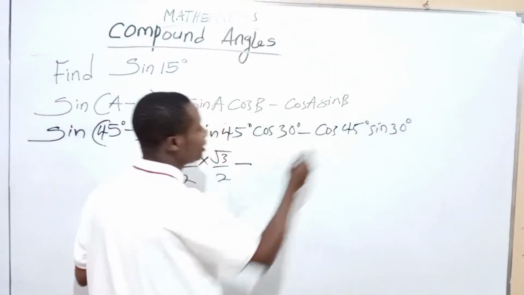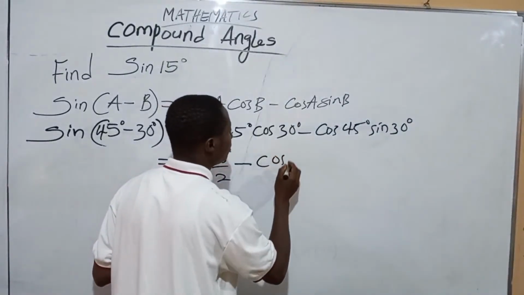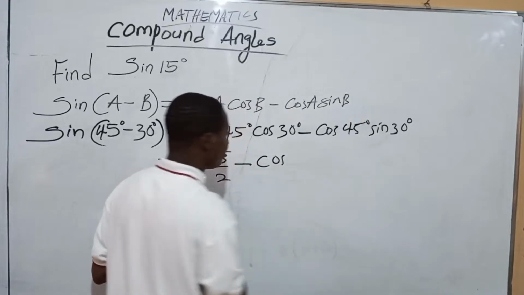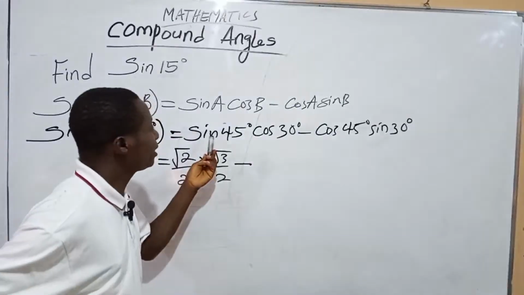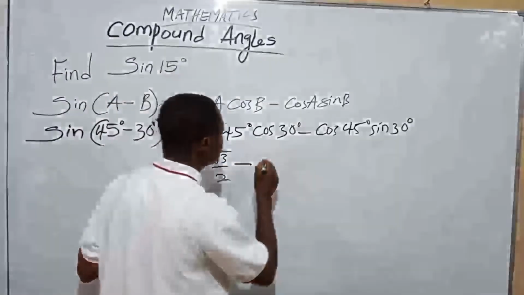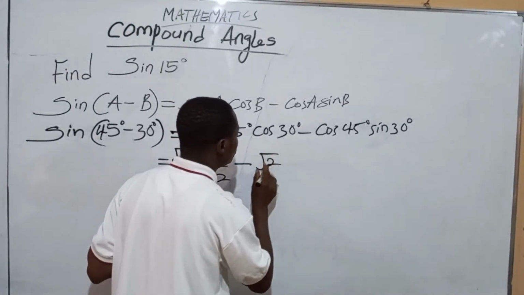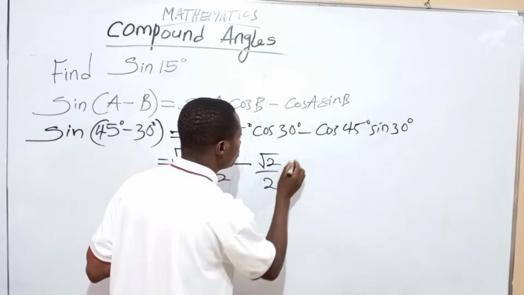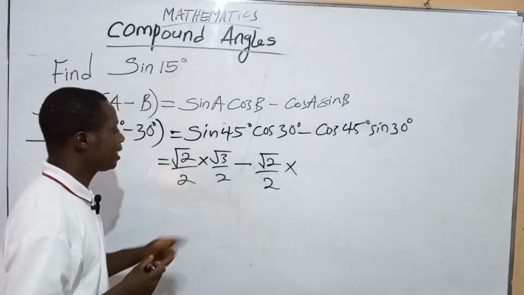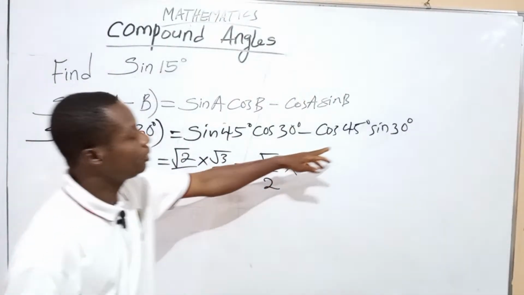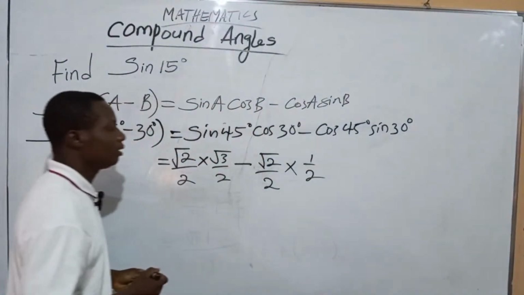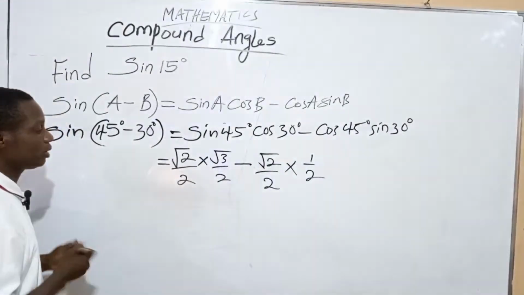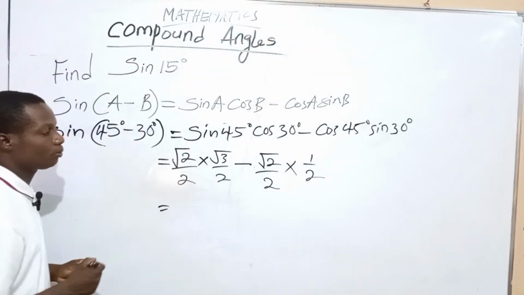Then this is cosine 45. Okay, what is cosine 45? It's the same thing as sine 45, which is root 2 over 2. Then times sine 30, which is half. Just what we did before. Yes, that's the easiest way to do it so that you don't waste time in the exam hall.